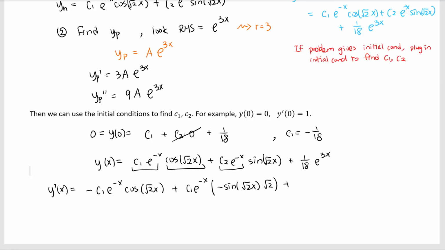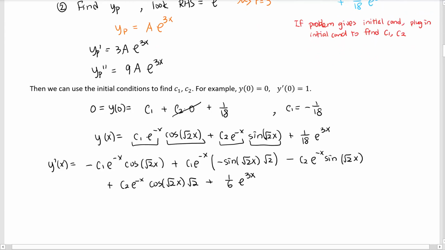Plus here we have another product rule: the derivative of the first guy is negative c2 e to the minus x sine square root 2x, plus the derivative of the second guy, which is cosine square root 2x times square root of 2. Plus, when we differentiate the last term, we multiply by 3: 1 over 18 times 3 is 1 over 6 e to the 3x.